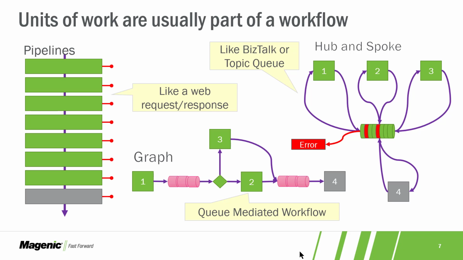You can think of hub and spoke patterns. So if you're using a topic queue, or you're using a finite state machine, or you're using BizTalk with a centralized message bus, then you have a hub and spoke pattern. That is, the state is in the center. And everything else devolves down to some sort of a graph of some kind. And they can be mediated by a queue or not. They can be mediated by intermediate storage or not. It doesn't really matter.